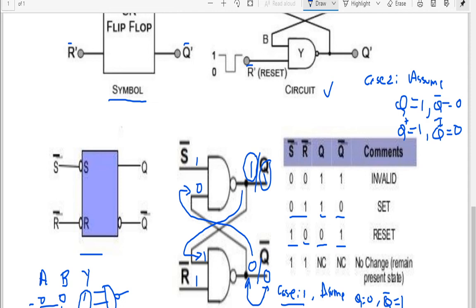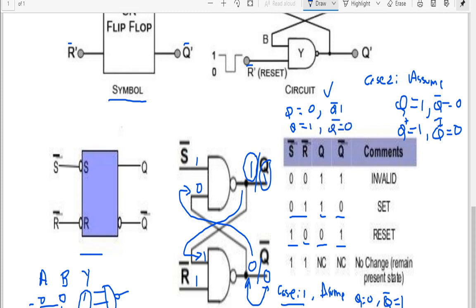In case 1 also you saw that the next state was the same as the previous state. So you can see that in both the cases, where I took q as 0 and q bar as 1, and q equal to 1 and q bar equal to 0.